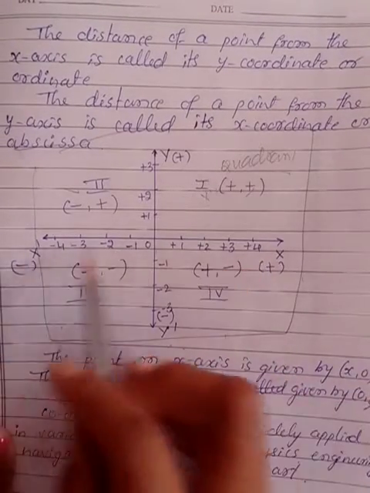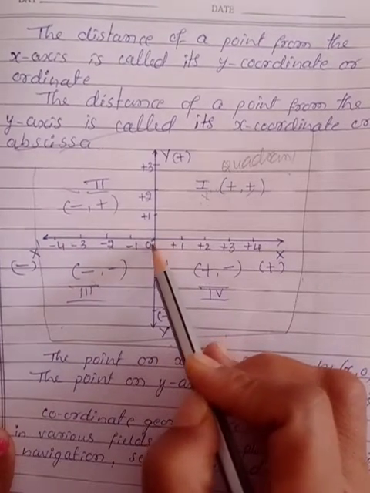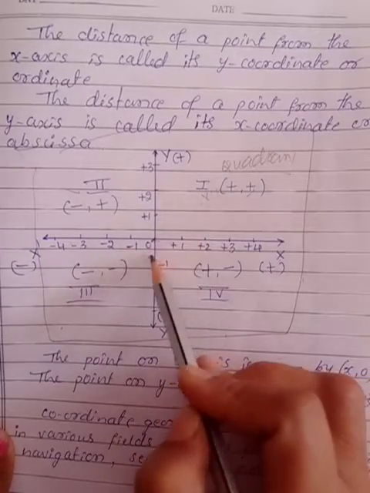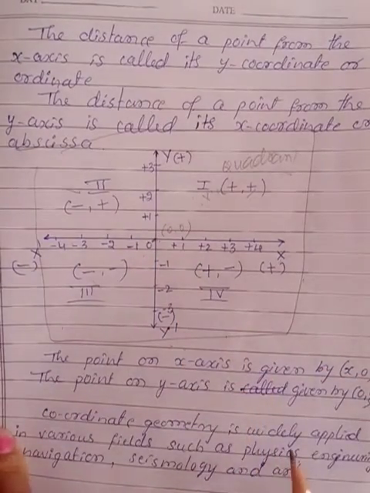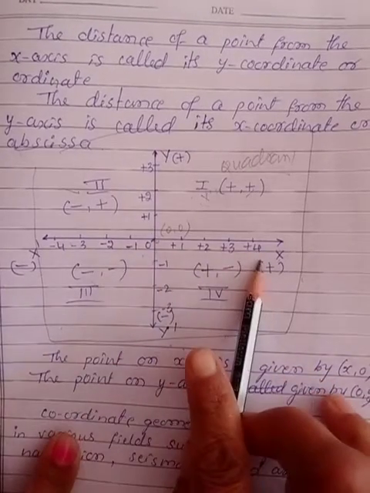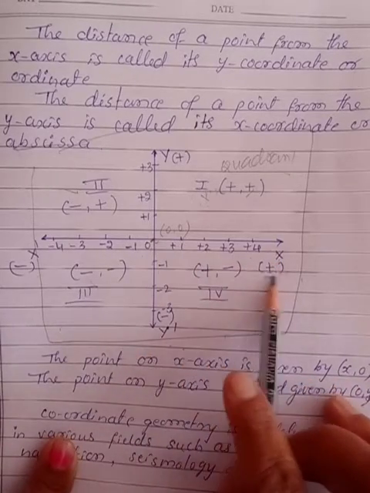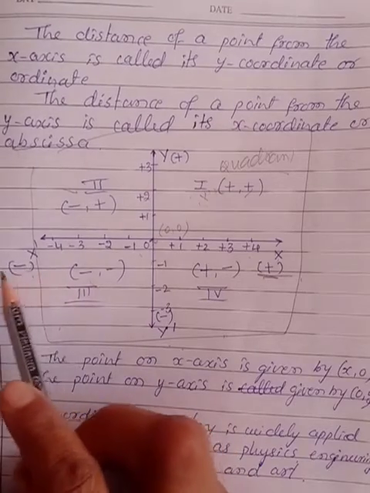While we draw these two axes, as I already said, they intersect at one point, O, whose coordinates are 0, 0. This is the origin. The right side of the origin on the horizontal line is positive, whereas the left side is negative.